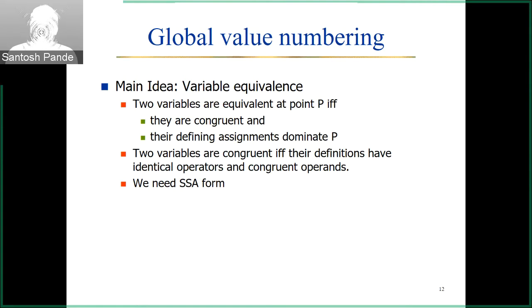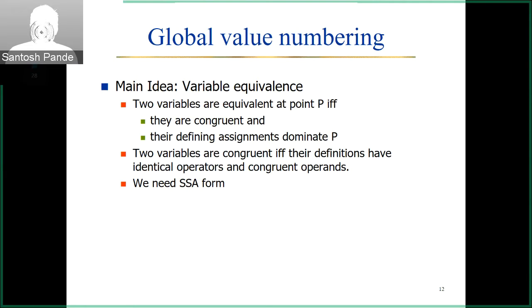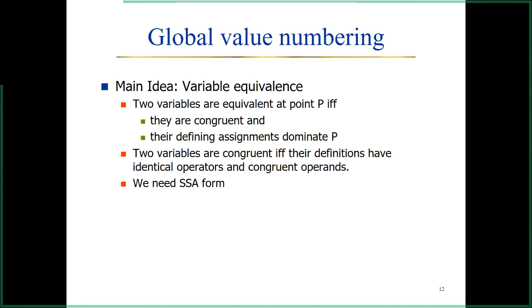It tries to establish a value equivalence and the availability of an expression at a given point, and we are then able to interchange them or use one of them and get rid of the redundancies.